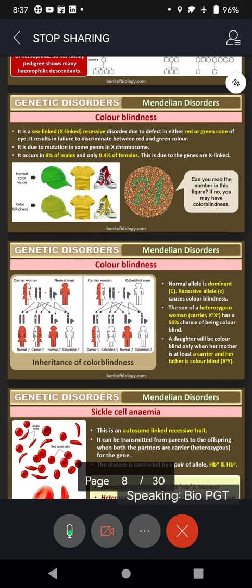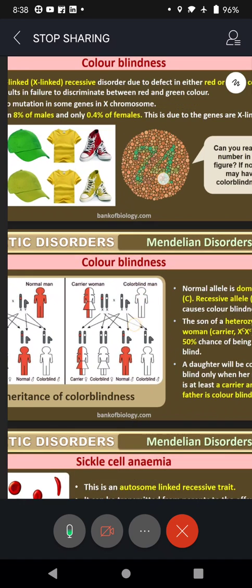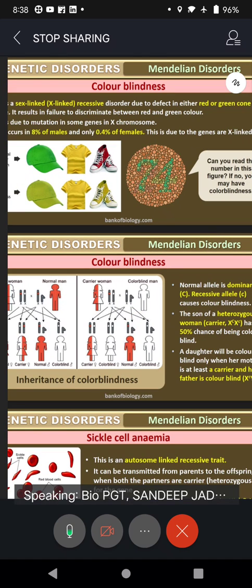So invariably, accidents take place. And in our day-to-day life also, it would be very difficult. It is almost like old Hindi movies, black and white, since we are unable to detect the colors. Why does this happen? Why does a person get color blindness?